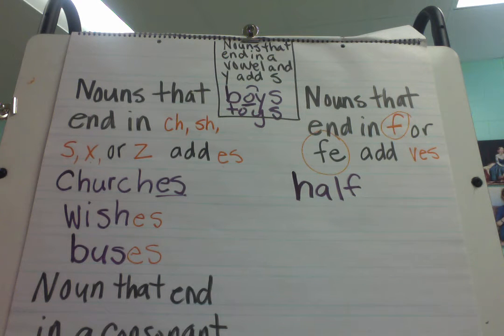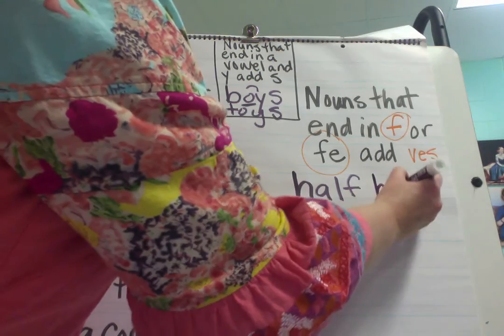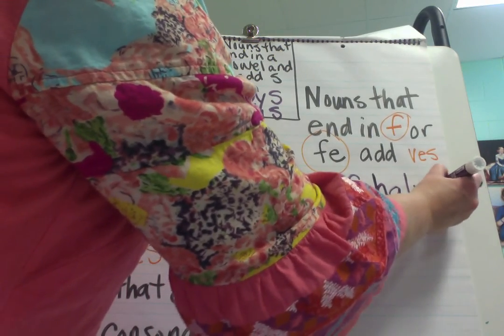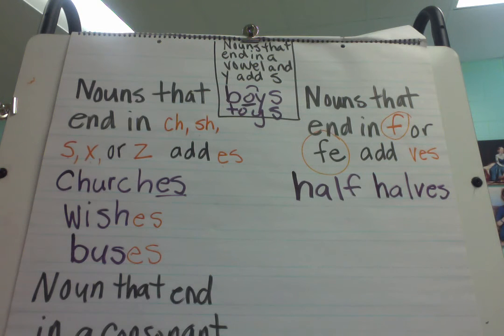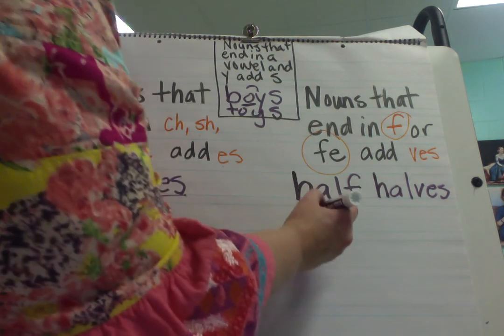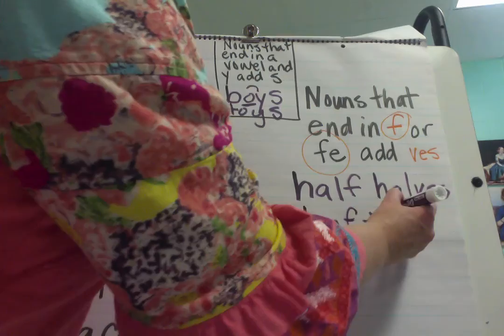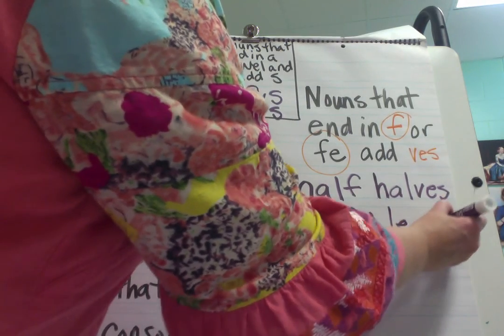I might eat half a piece of pie, so that would be a lot though, wouldn't it? All right, so if I want to divide something in half and I want to divide it into halves, how am I going to write that? I'm going to say HALVES, okay? And then I have the word leaf. Leaf is going to become leaves.